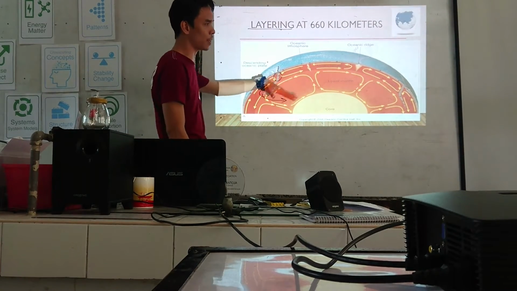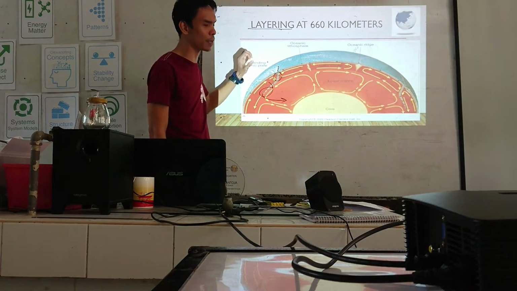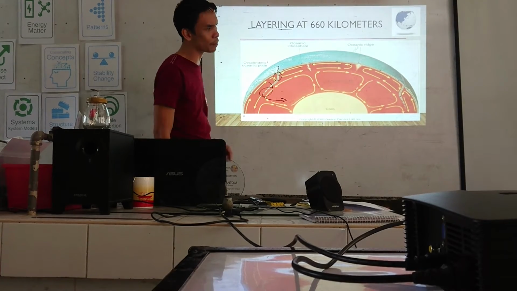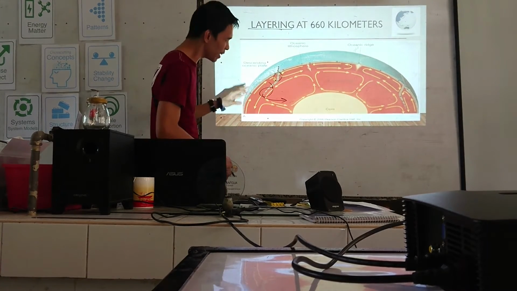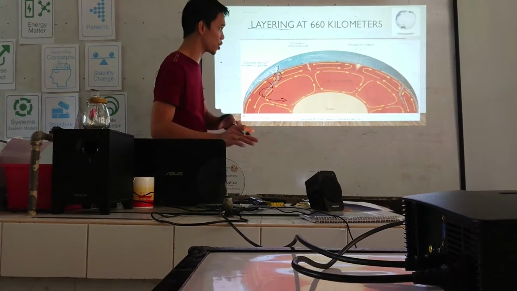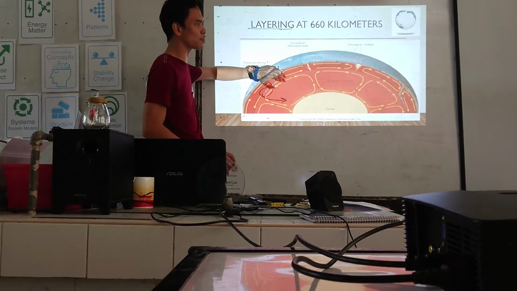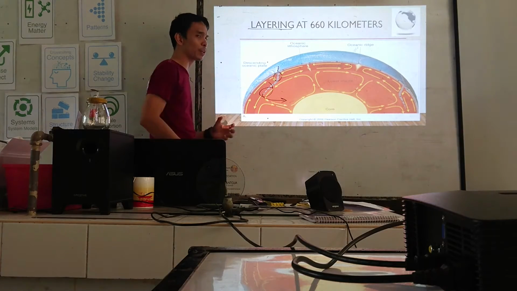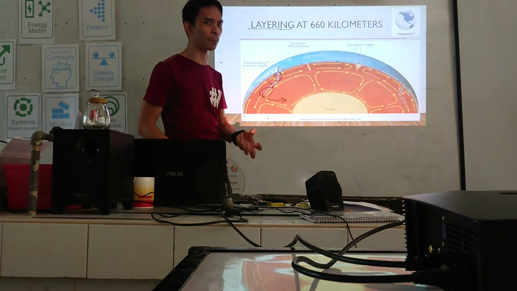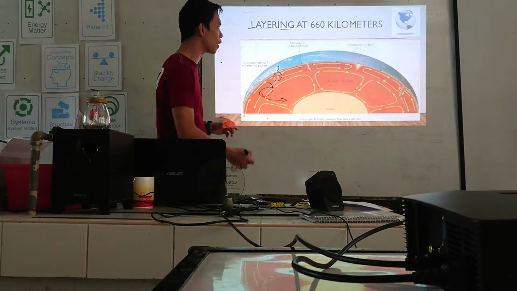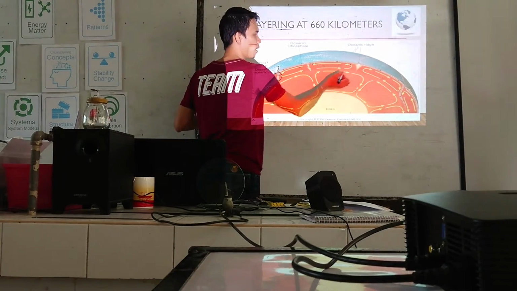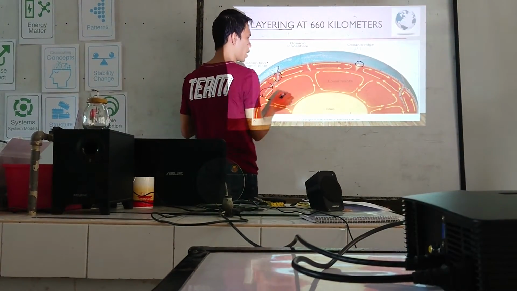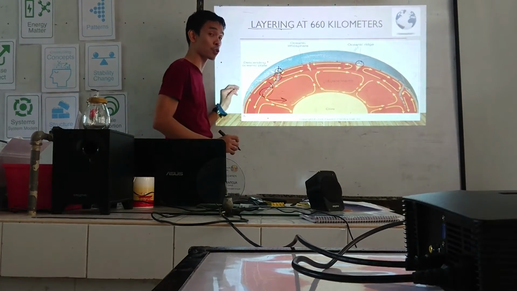Now, what is the shortcoming of this model? Let's first talk about the advantage. The advantage of this model is that it explains why hotspot volcanoes have a different chemical composition of rocks than the volcanoes found at the ridges and also at the subduction zone.